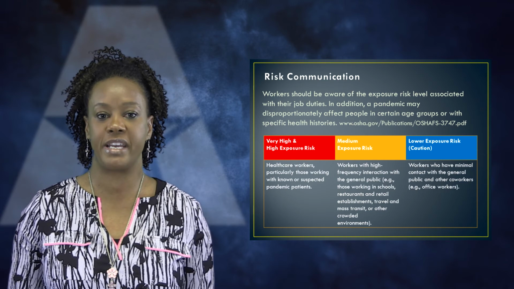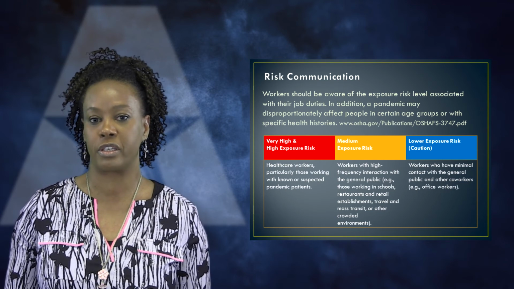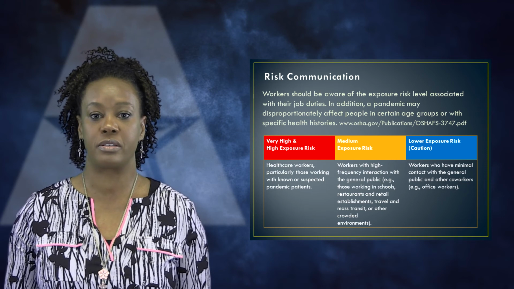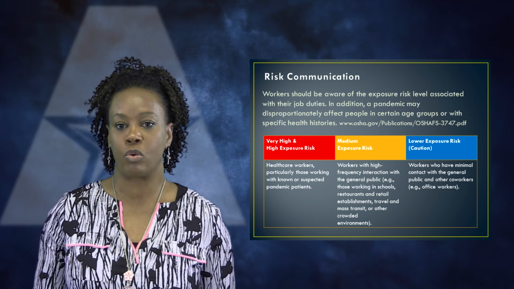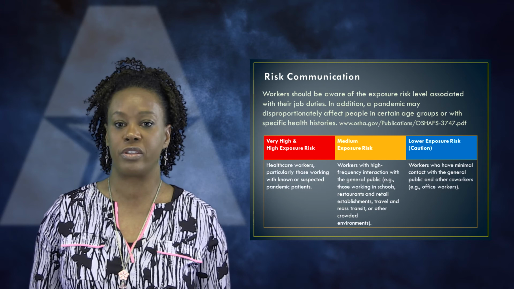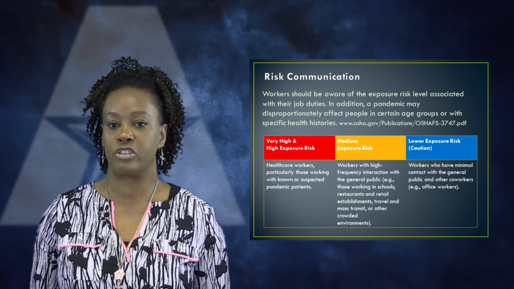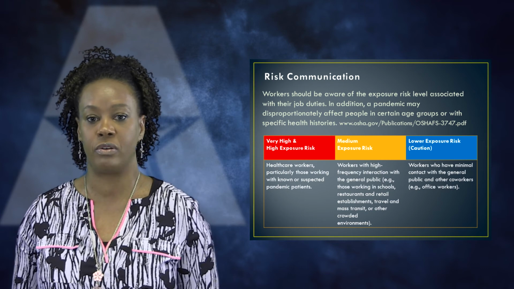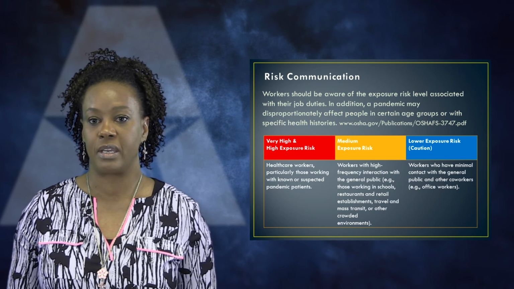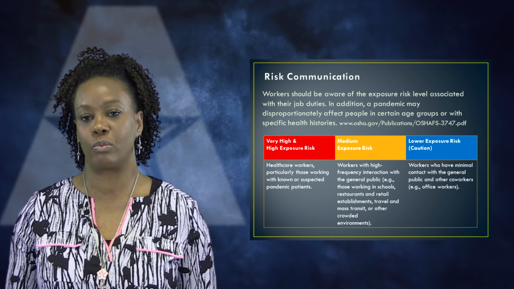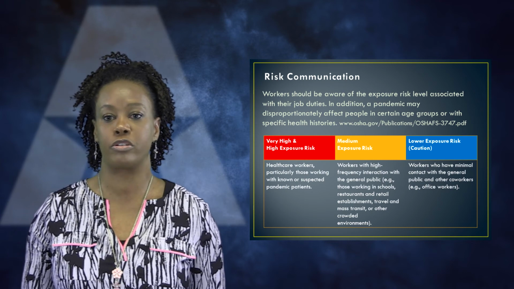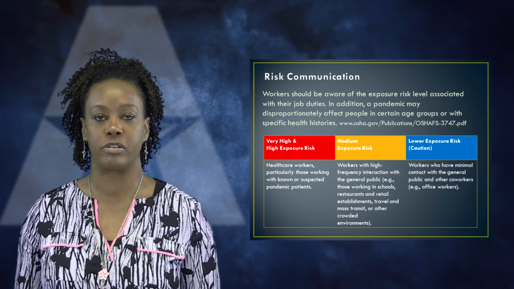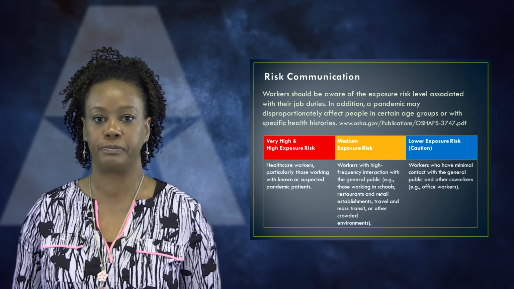Very high and high exposure would be healthcare workers, particularly those working with known or suspected pandemic patients. Medium exposures are workers with high frequency interaction with the general public, such as through working in schools, restaurants and retail establishments, travel, and mass transit. And then low exposure risks, which is still a caution, are workers who have minimal contact with the general public and other co-workers, such as office workers.